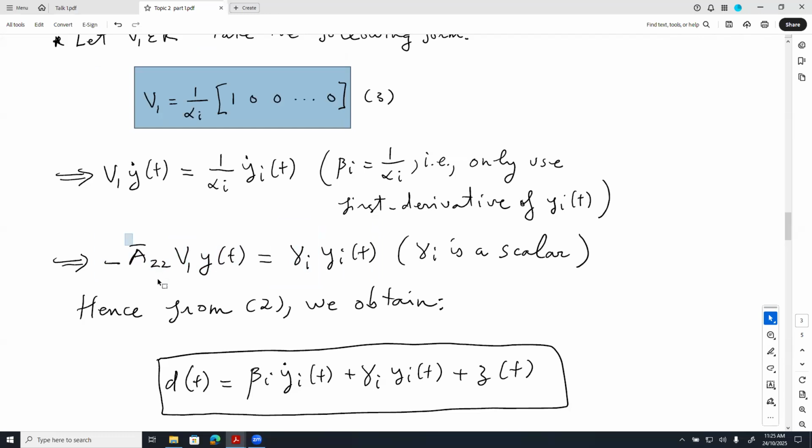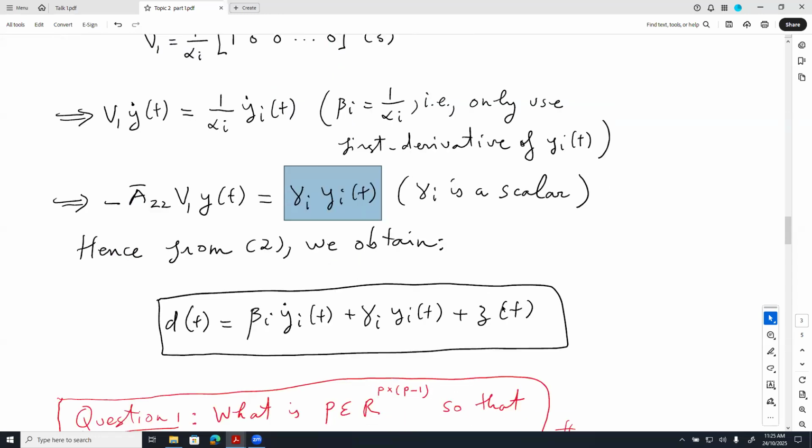And bear in mind that A bar 22 is a scalar. It's a submatrix of A bar, but because X2 bar is a single variable, it is just an element in there. So we can express this in terms of a single output measurement only, and so we can obtain this unknown input expressed in this seamless form.